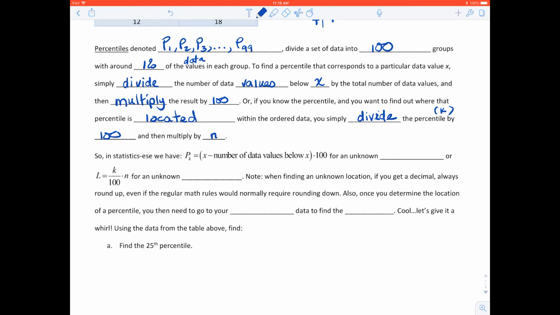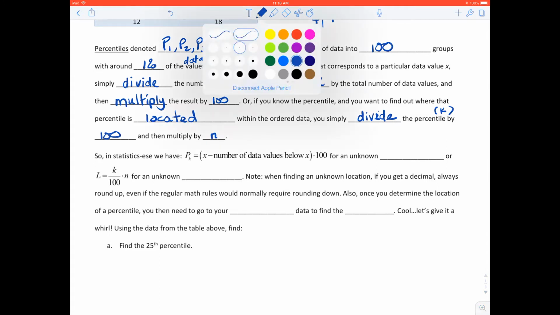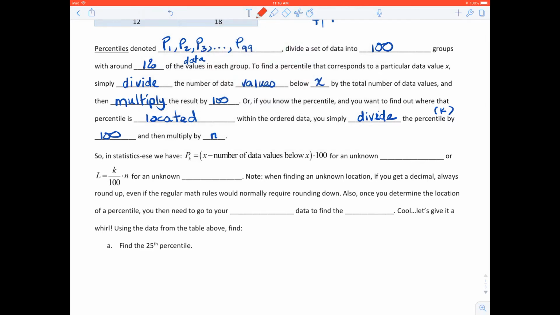So in statistics-ese, we have PK equals, whoops, got a little typo here. Please take note of this. If you have a later version of the notes, this may not be still in here. So the number of data values below X times 100, and then what else did we need?